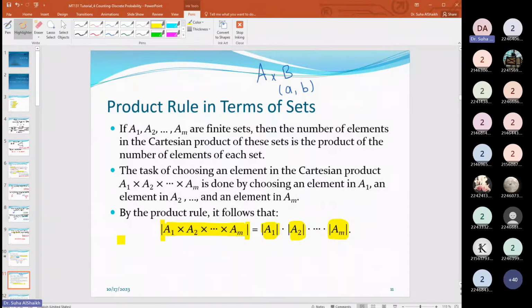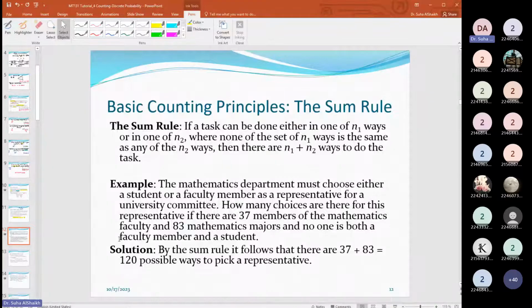Now, the second rule that we have is the sum rule. The sum rule applies when you have something that can happen in one operation or in another operation. I'm talking about having two options: either I do something the first way or the second way. So I have "or" in my question.